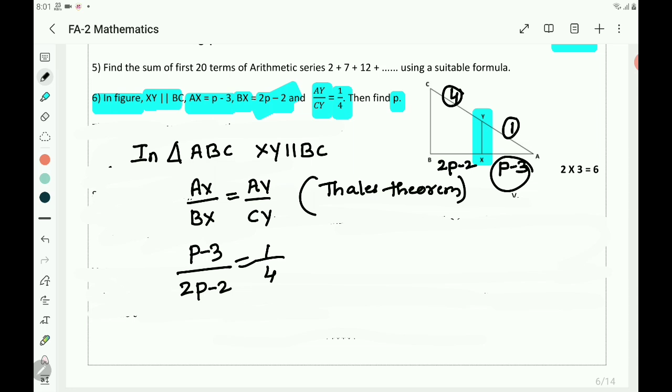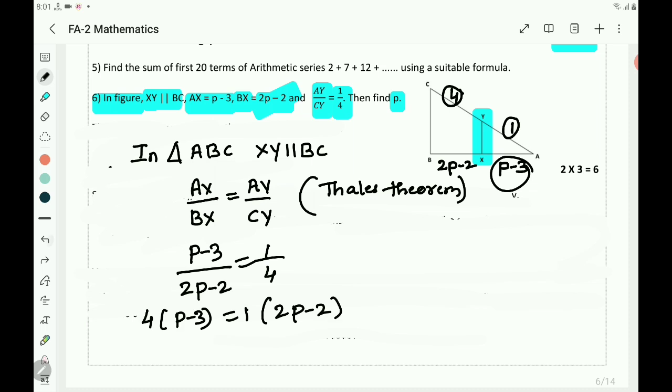Then you do the cross multiplication. P minus 3 into 4 equals 1 into 2P minus 2.